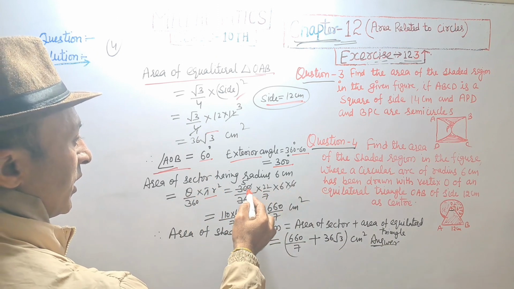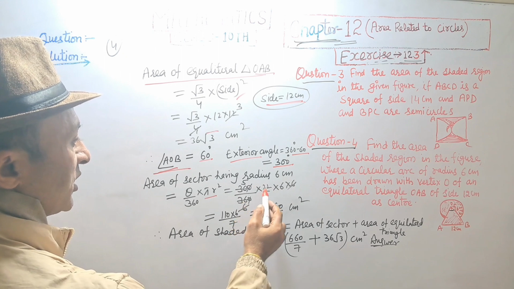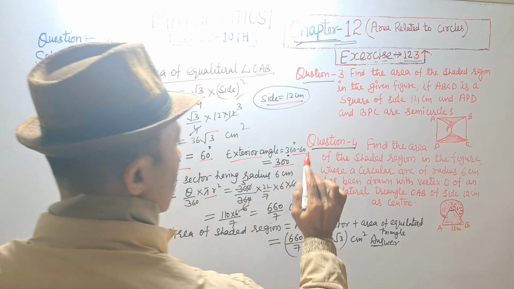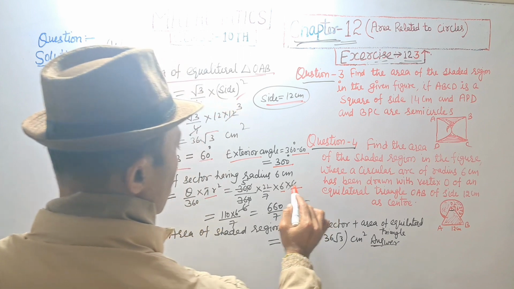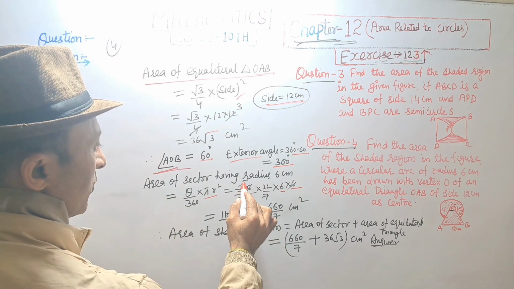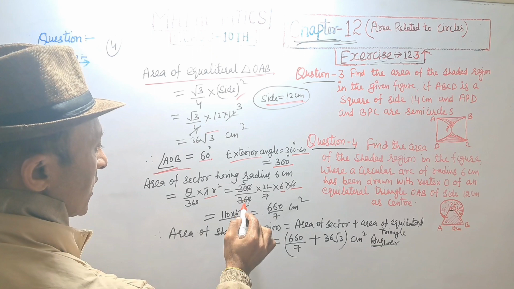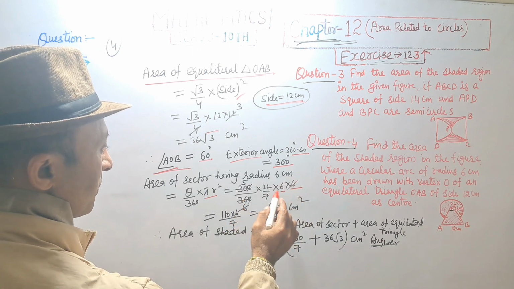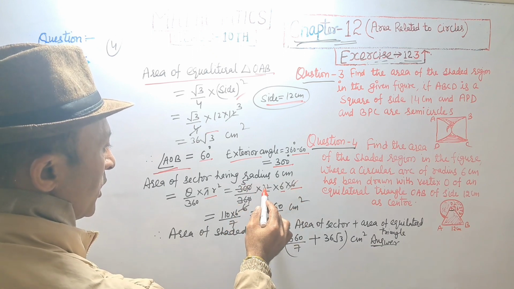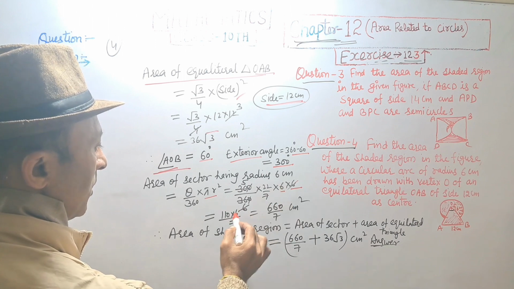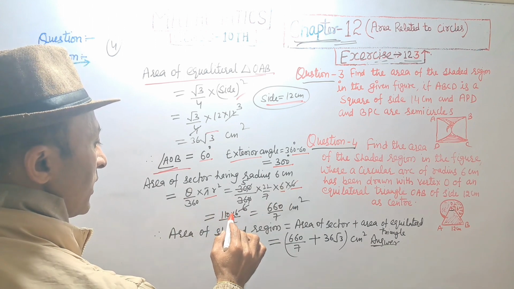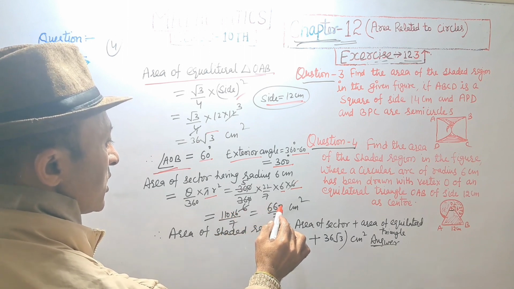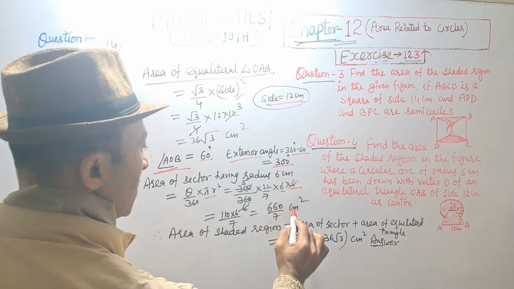Theta we get 300 degree upon 360 into 22 upon 7 multiplied by r is 6 into 6, and 0 0 is cancelled. 5 6s are 30 and 6 6s are 36. 6 6 is cancelled and 5 22s are 110 multiplied by 6 divided by 7. 110 6s are 660 divided by 7 centimeter square.